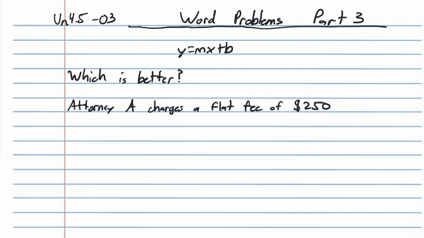But then on top of that, it's $250 plus another $150 per hour. That's why lawyers get expensive, right? Because they charge a lot. So $250 no matter what, and then $150 per hour that you meet with them.